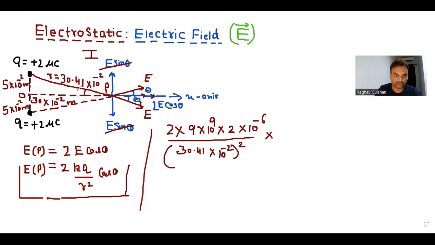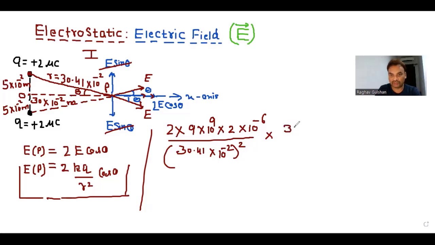So you take this angle, you can take this angle also theta. So in this triangle POQ, you can find out cos theta, which is base upon hypotenuse.